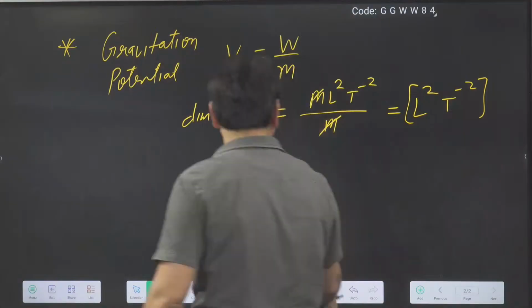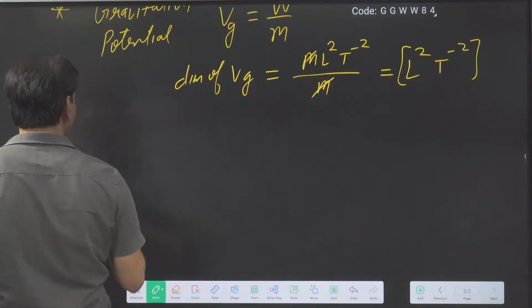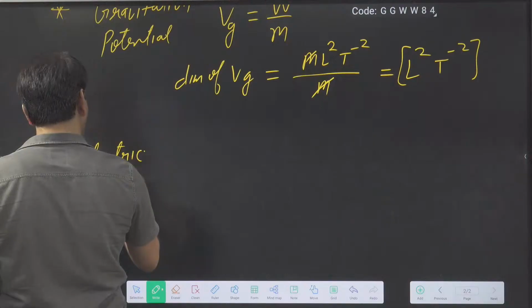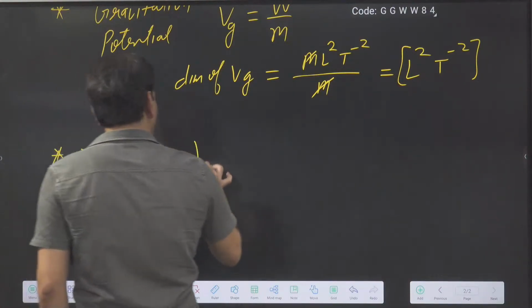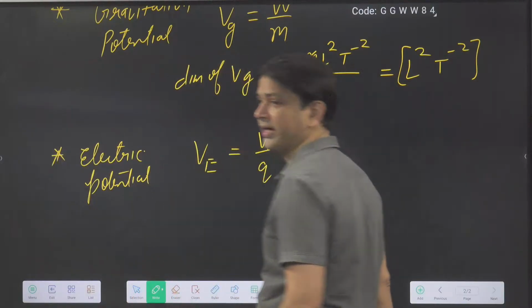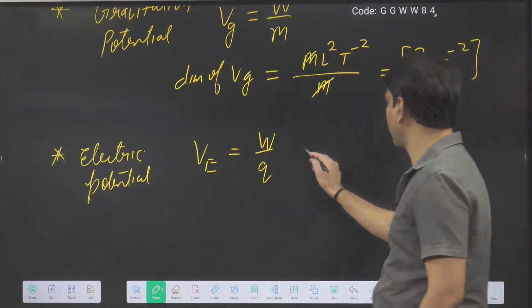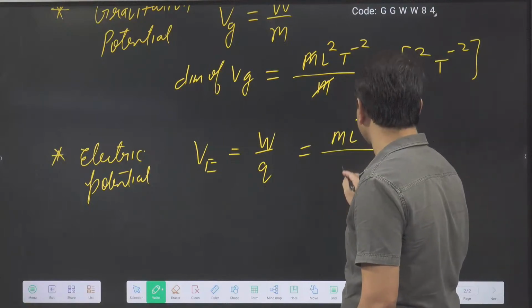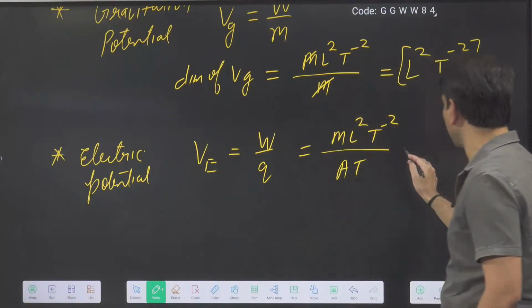If I am asking about electrostatic potential, then for electric potential we will use W by Q. Now the W dimension is the same, ML square T minus 2. Q is charge. What is the charge dimension? AT. Then what did you get?